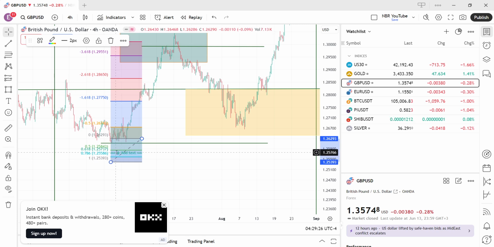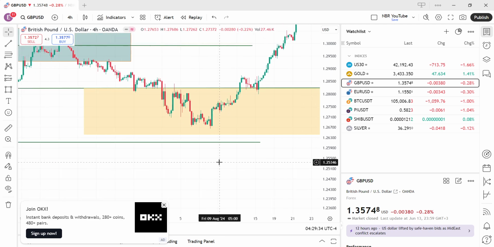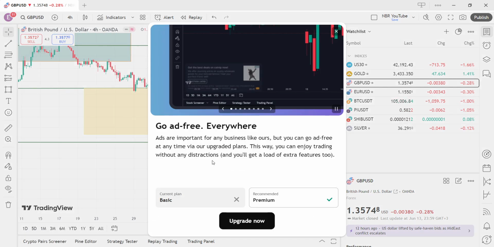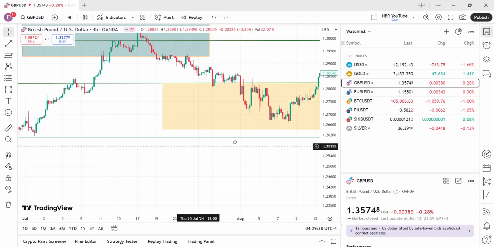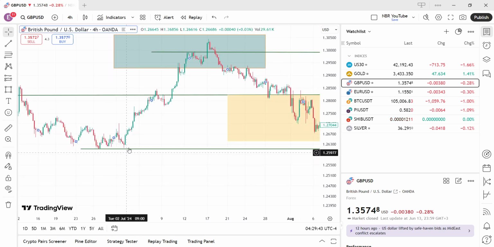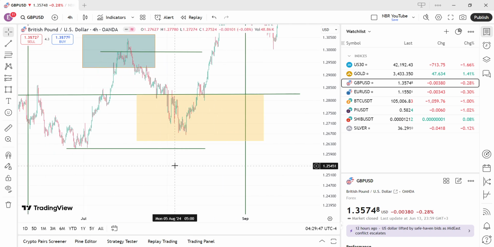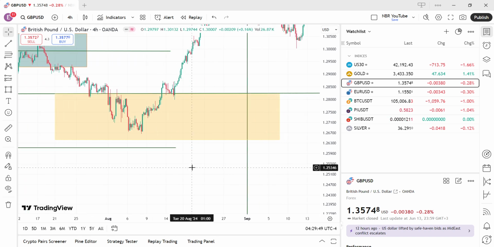For example, I say at 0.618, I prefer to put it below the one, because what I have here are sell stops that are going to be swiped in the future.